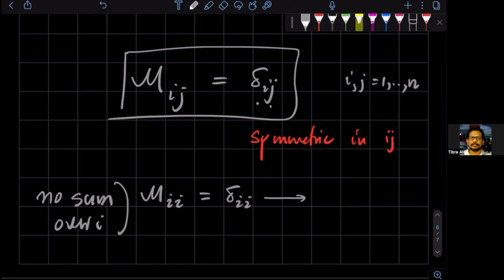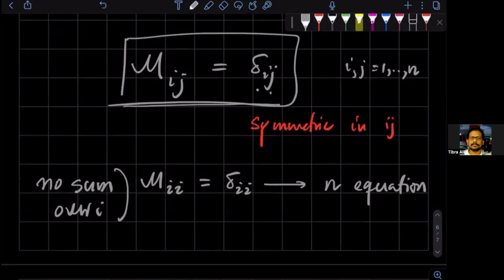How many values does i take? n. So there are n equations of this form. And the original form has n squared equations, not counting for independence, just in general.